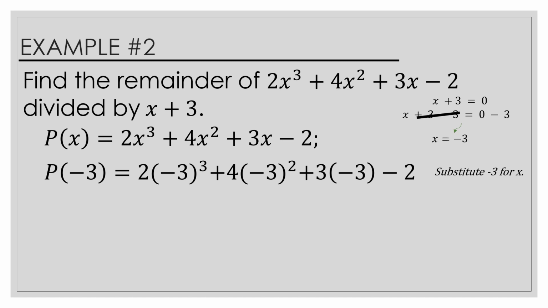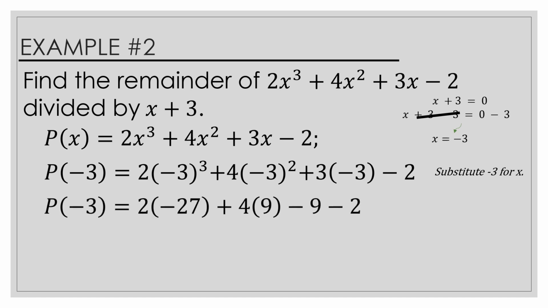Then, simplify. P of negative 3 equals 2 times negative 3 cubed, which is negative 27, plus 4 times negative 3 squared, which is 9, plus 3 times negative 3 equals negative 9, minus 2.